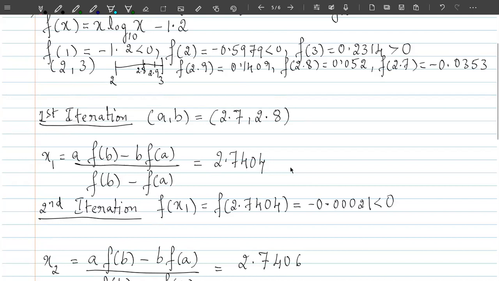Since this value is negative, what will be the next interval a comma b? The next interval a comma b will be 2.7404 comma 2.8.